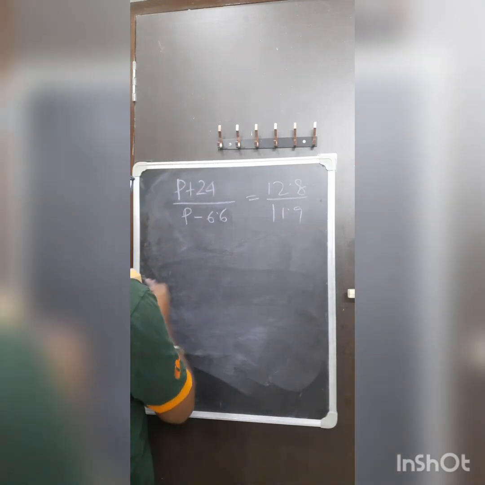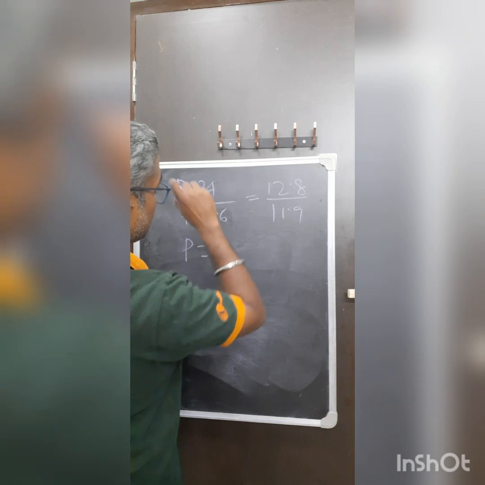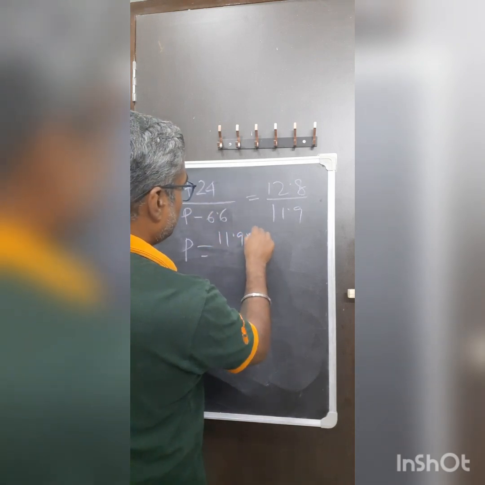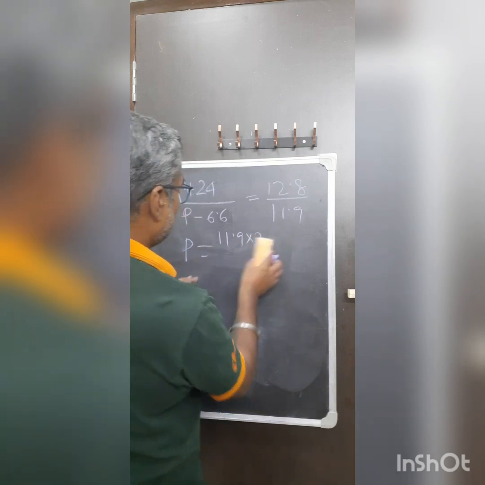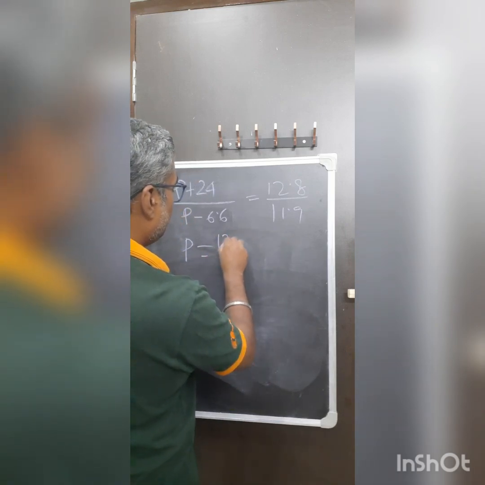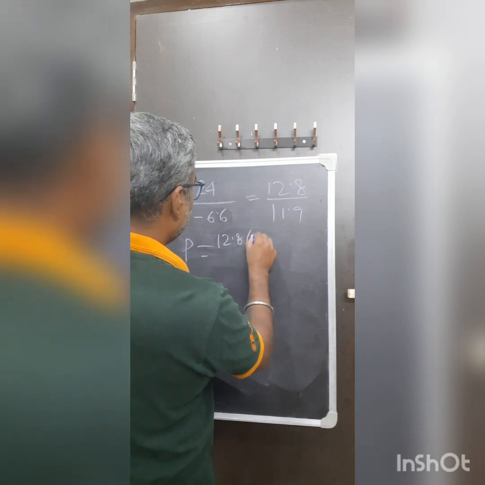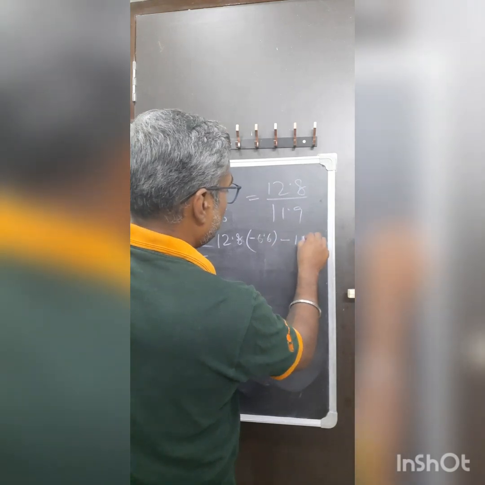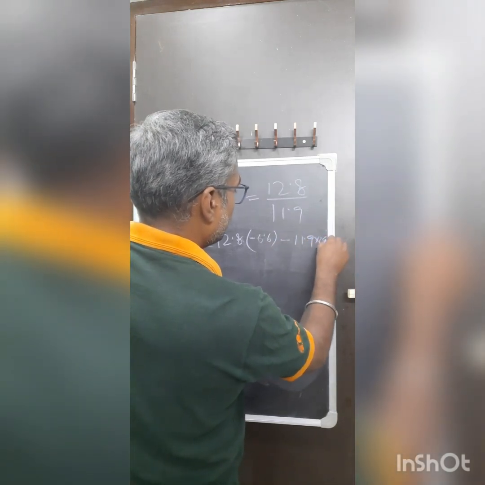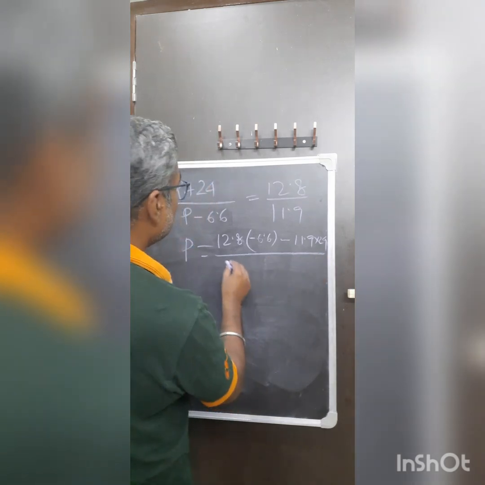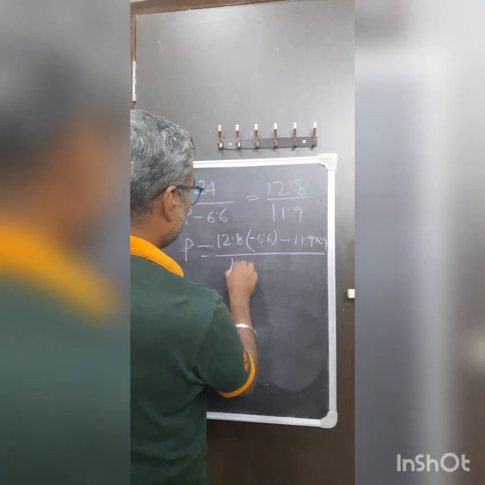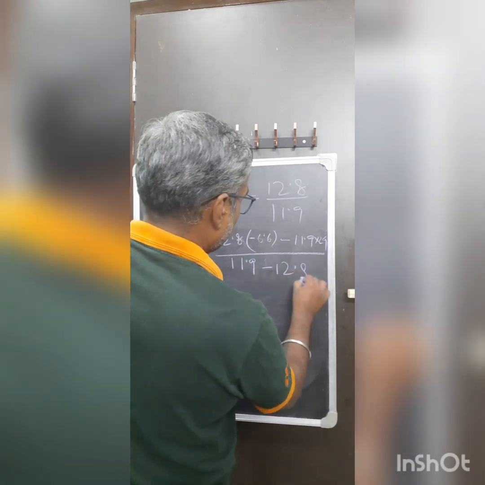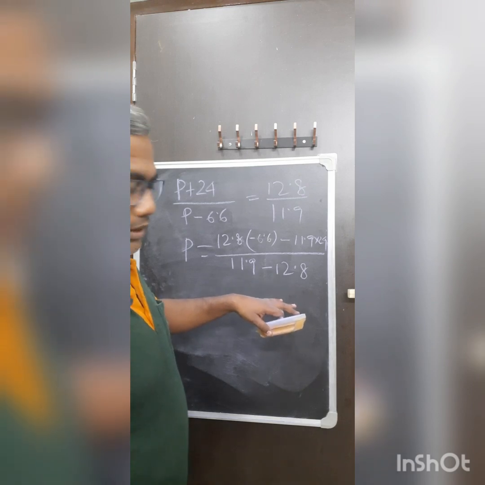So I can say P is equal to 11.9 into 24 minus 12.8 into 6.6, divided by 11.9 minus 12.8. This is basically a trick I am using.